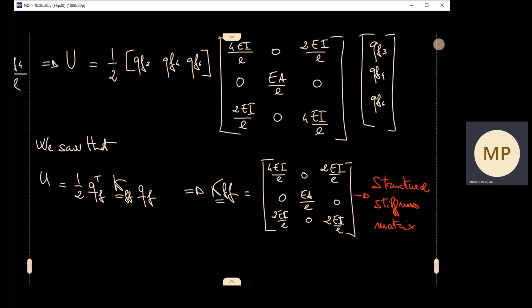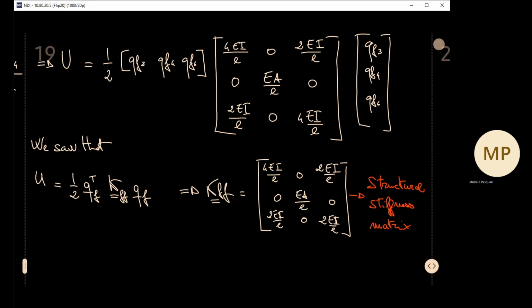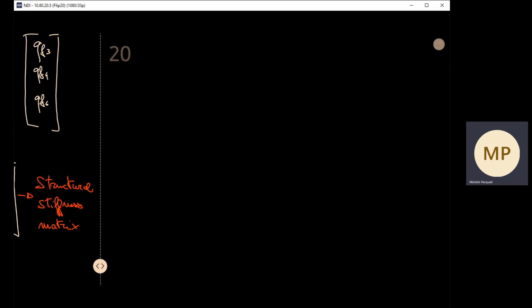Okay, but we didn't need the structural stiffness matrix. We need the structural matrix. Well, once you get KFF, getting K, as we saw, is super direct to do.